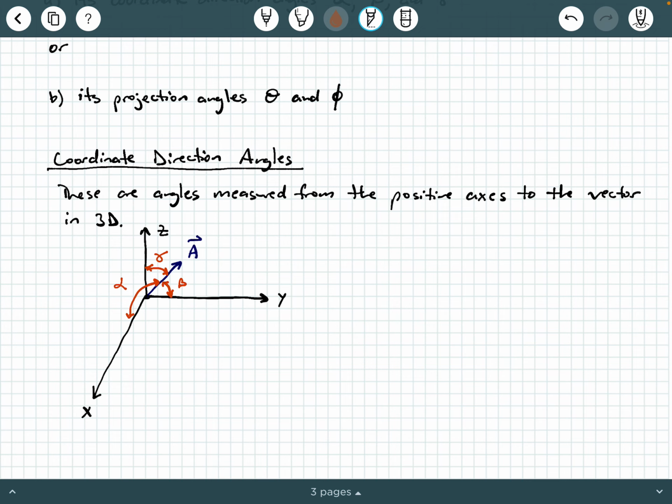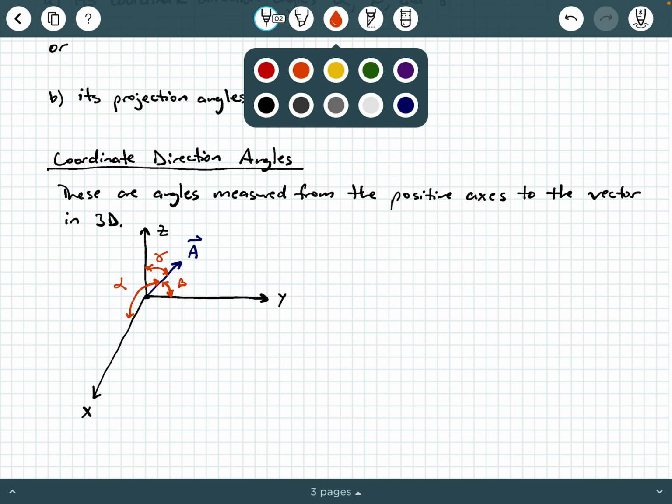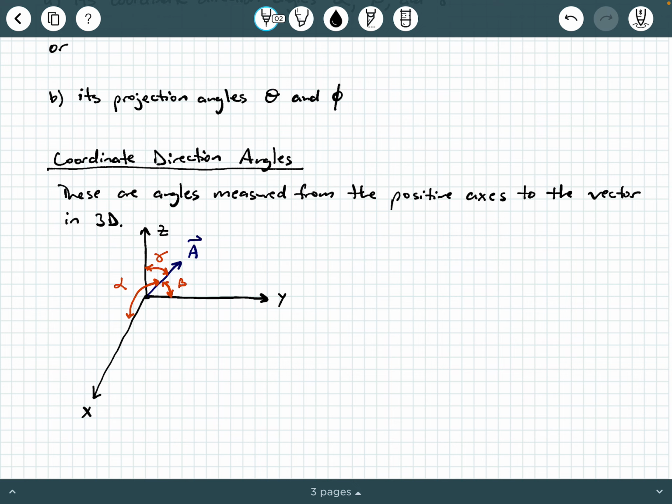Now, how do we relate all of these together somehow? Well, it turns out that we can establish the following relationships. We have cosine of alpha equals the x component of the vector divided by the magnitude of that vector, okay? We also have the cosine of that coordinate direction angle beta equal to the y component of that vector divided by the magnitude of the entire vector.